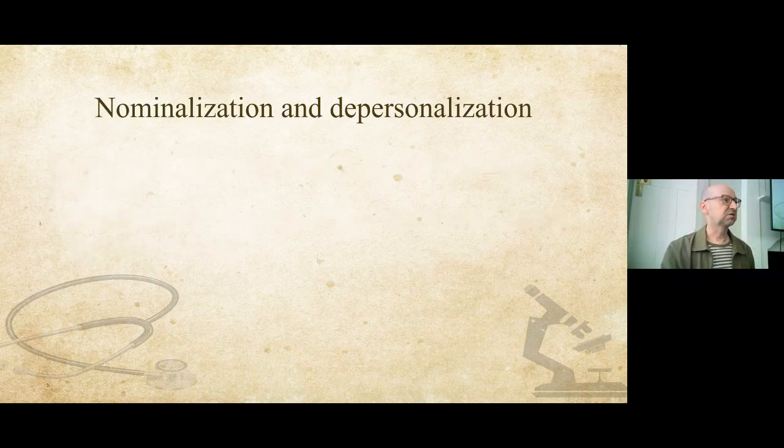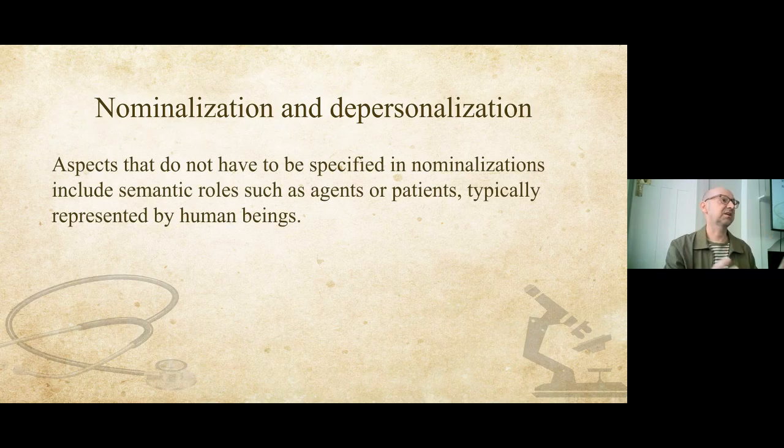Why nominalization in the context of depersonalization? First of all, nominalization presents something as a process, a dynamic process, as something pretty abstract. And secondly, and perhaps more importantly, nominalization means that you don't have to mention the semantic roles, such as agents or patients, which are typically represented by human beings.